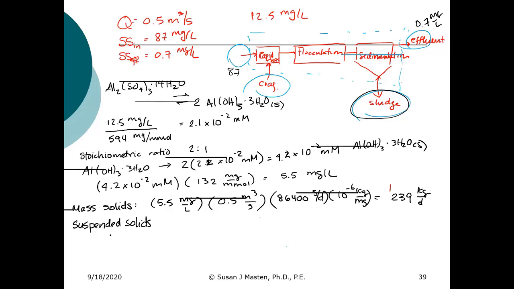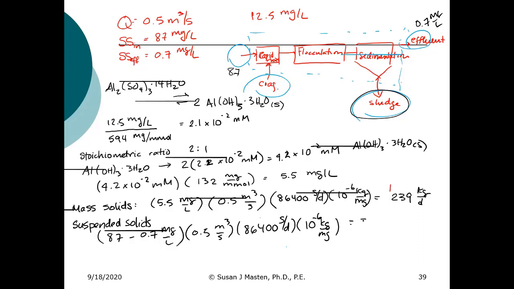We have 87 minus 0.7 milligrams per liter. Again, we have 0.5 cubic meters per second. There are still 86,400 seconds in a day, and there are still 10 to the minus 6 kilograms per milligram, and this is 3,728 kilograms per day.